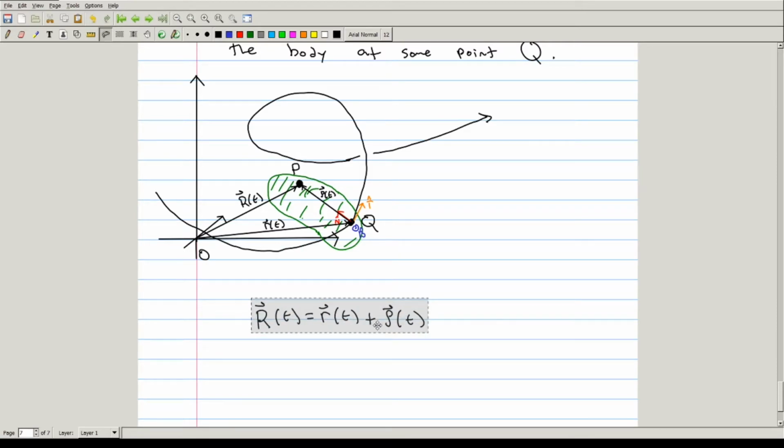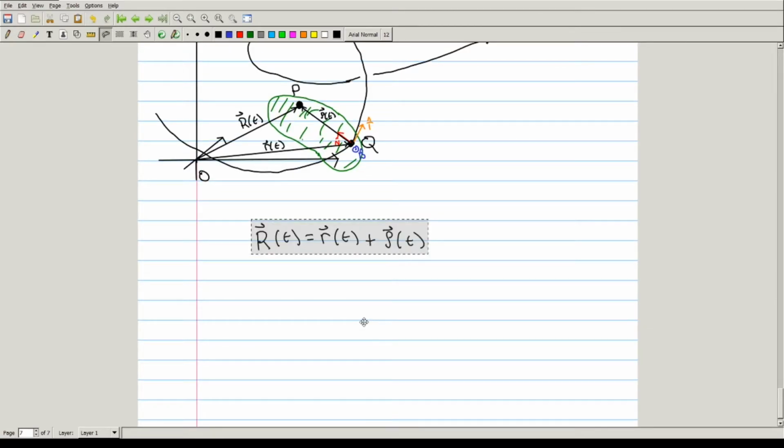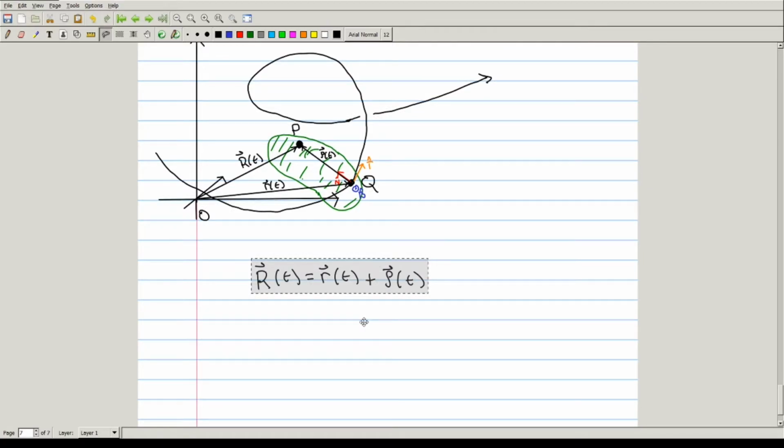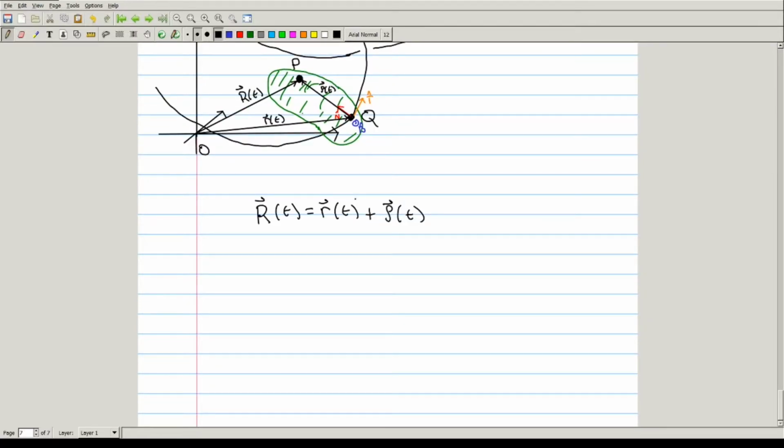And the first thing that we want to notice is that we can make the following simplification. Because t hat, n hat, and b hat are fixed with respect to the body, they're not changing their orientation with respect to the body. This vector rho of t has a very nice expression.